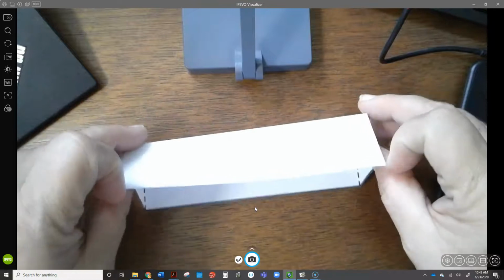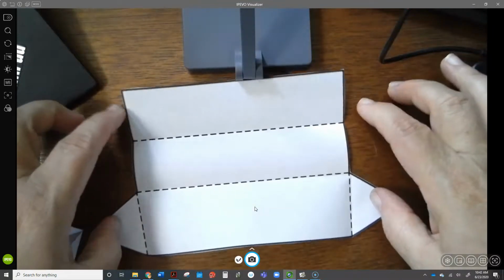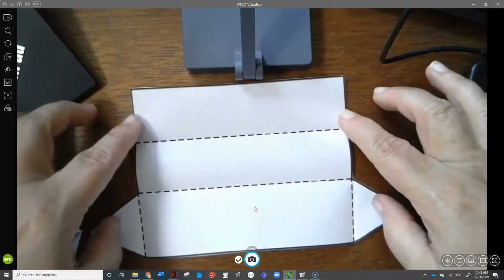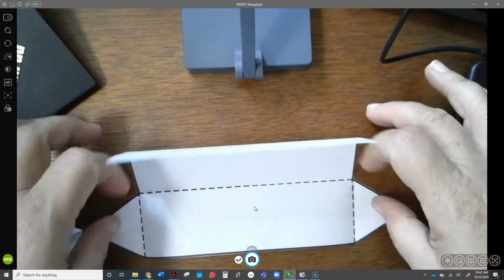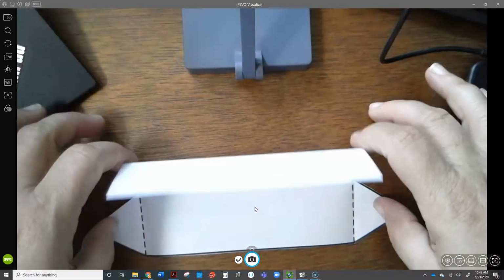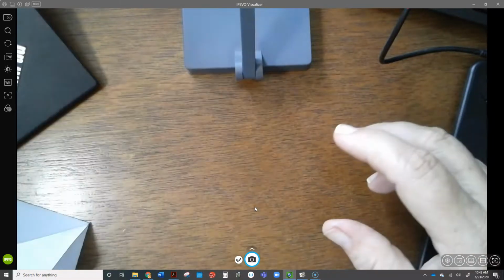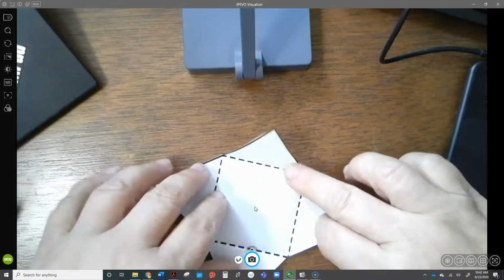So if you're one of those that struggle with seeing this put together in your mind's eye, then go ahead and take some time. You can draw it on a piece of graph paper. You don't have to print it out. You can draw it on graph paper and then play with it a little bit, because one of the things that you're going to be asked to do is look at a net.